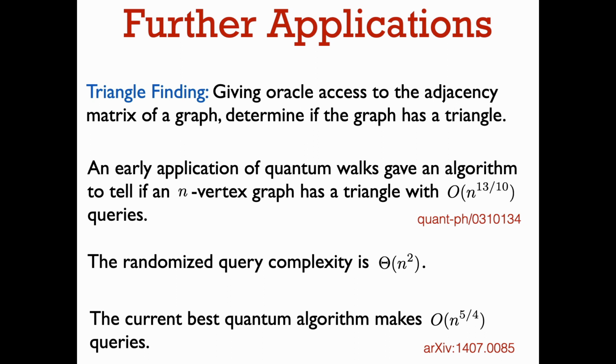On the other hand, we know that the randomized query complexity is theta of n squared. The current best quantum algorithm for the triangle finding problem makes n to the power 5 over 4 queries. And we don't have any lower bound larger than omega of n. This problem remains a great open problem and a great test for quantum algorithm designers.